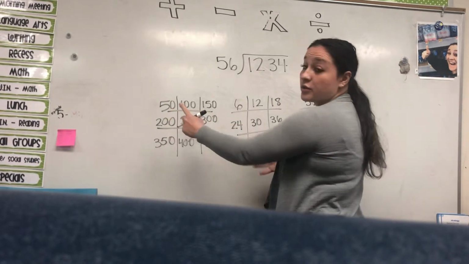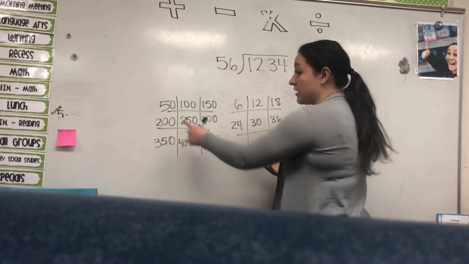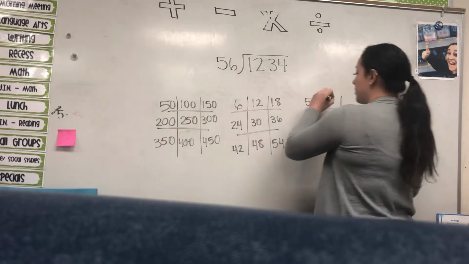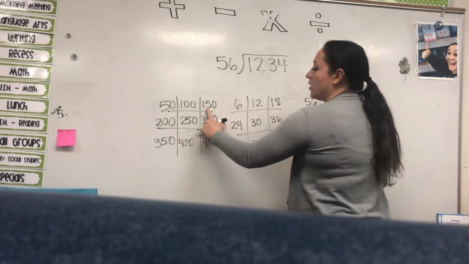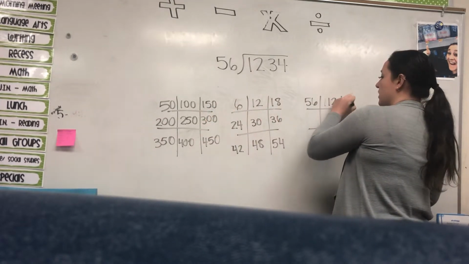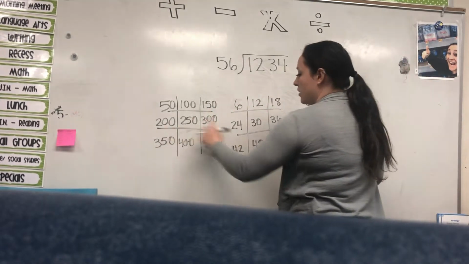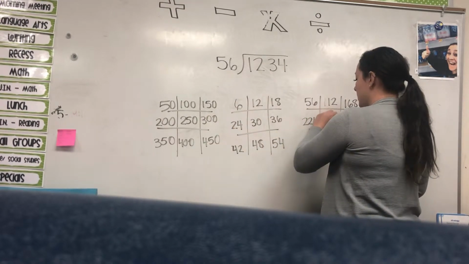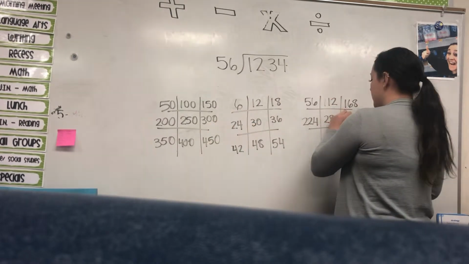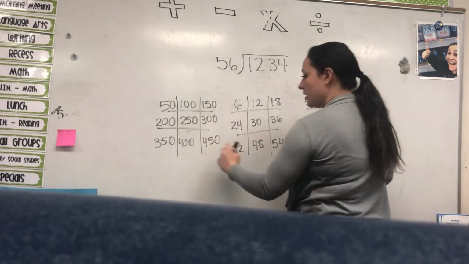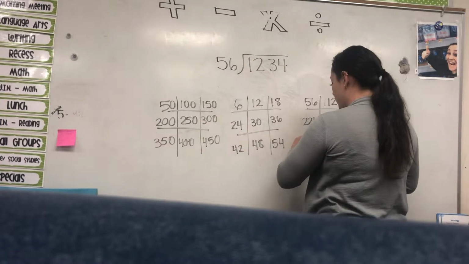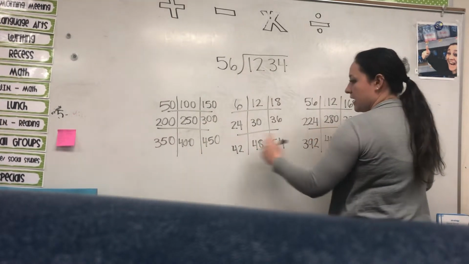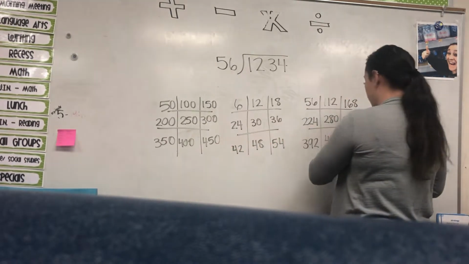So this is a great way for them to practice their mental math as well, and how they have to think, what's 50 plus 6? 56. 100 plus 12 is 112. 150 plus 18 is 168. 224, 280, 336, 392, 448, and 504.